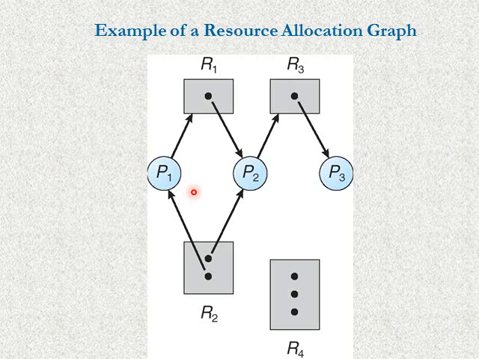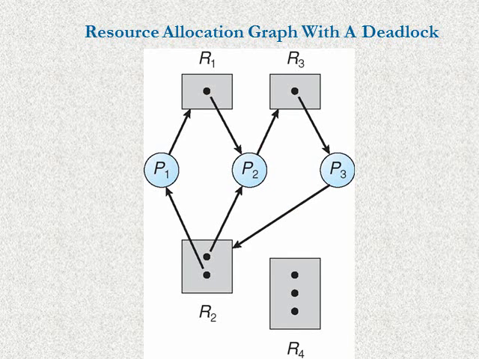Over here we have 3 processes running in this system, P1, P2 and P3. At this particular point in time, P1 is holding R2 and requesting R1. P2 is holding R1 and R2 while requesting R3. P3 is only holding R3 and requesting none. So this is how we may read this graph.